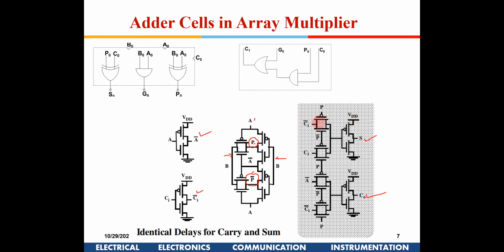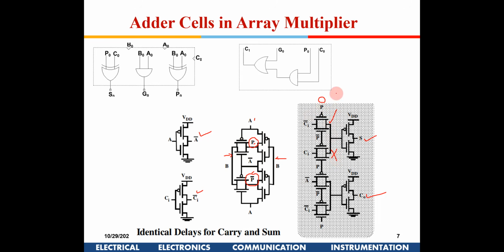Now this is a propagation, right? So let us take the condition of propagation equal to 0. If propagation is equal to 0, what happens in the sum? The top gate will be enabled and the bottom gate will be disabled. Correct? What is propagation? A XOR B from this gate.